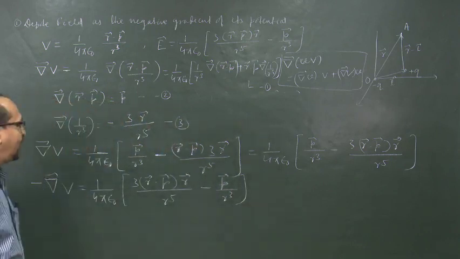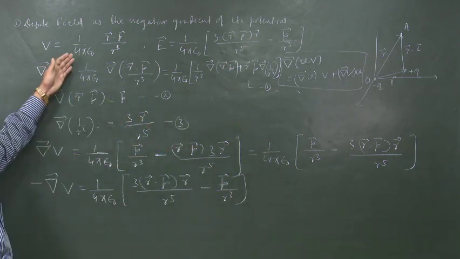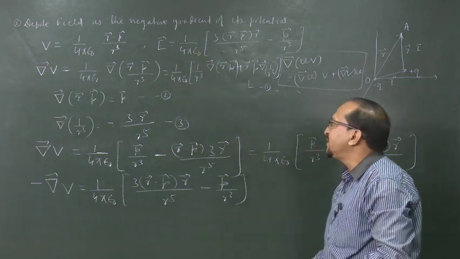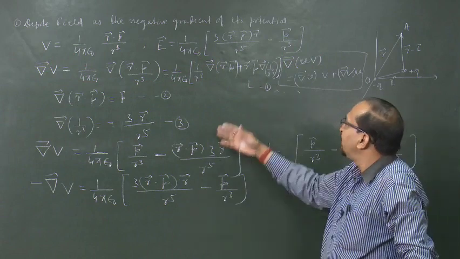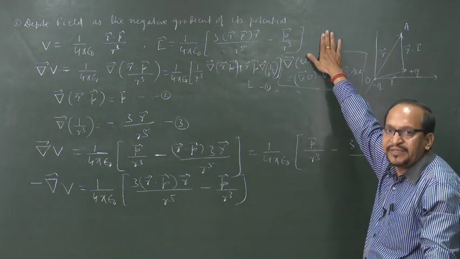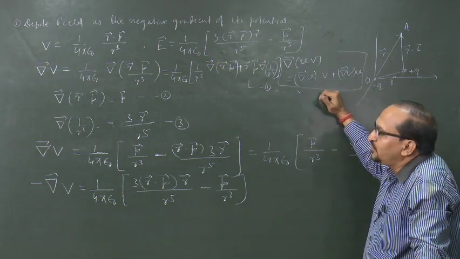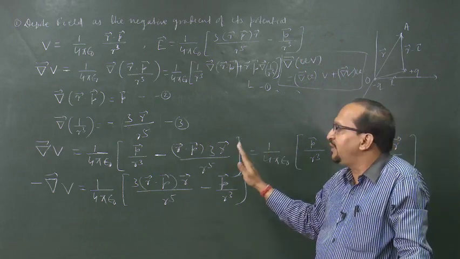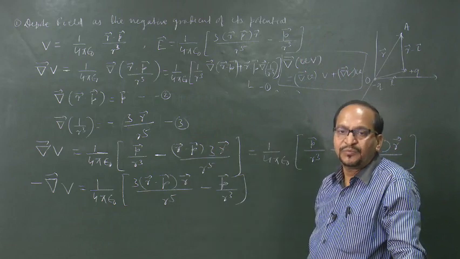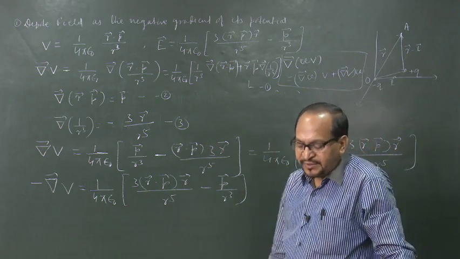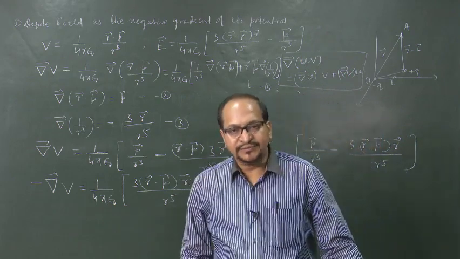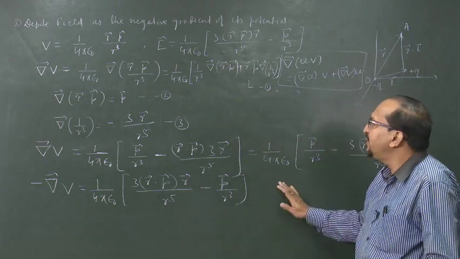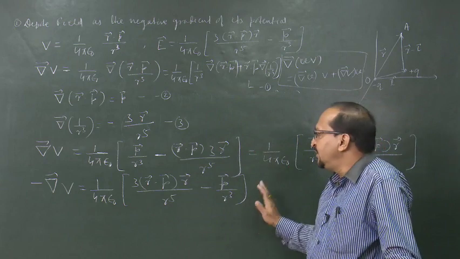Okay. And we can very well compare this with our expression of electric field, and you can see that it is the same as we have obtained directly as the field due to a dipole. So, now we have established that field is the negative gradient of potential, whether it is due to a point charge or a charge distribution or due to a dipole. So, this is a very important conclusion.